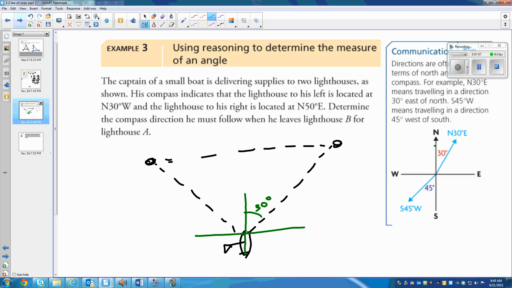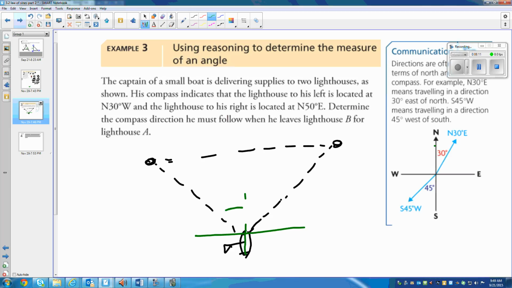Now, the other side is north 50 degrees. No, oh, sorry. Never eat shredded wheat. So west is that way. So north 30 degrees west. Let's erase this and get this straight. West is that way, right? Never eat shredded wheat.